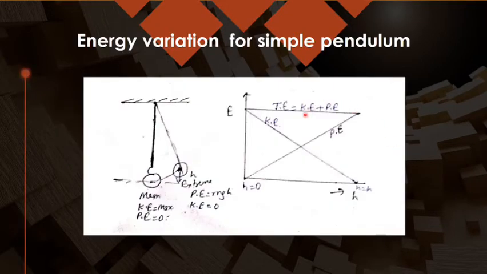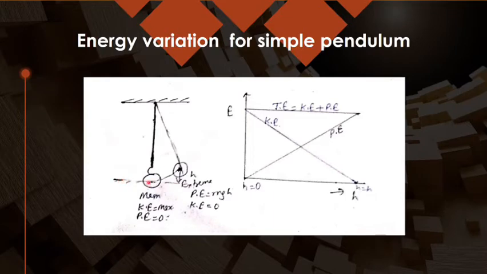This is if I ask you to do the graph plotting for variation of energy with the height or the distance above the mean position, because we have done the experiment of simple pendulum. So you should be able to do that.